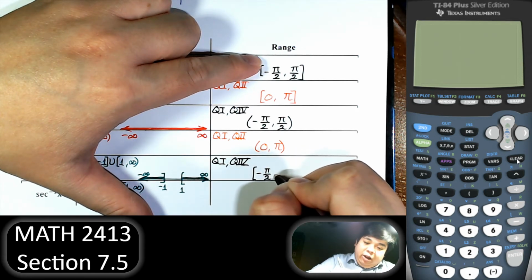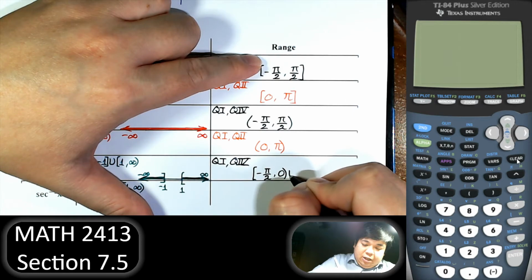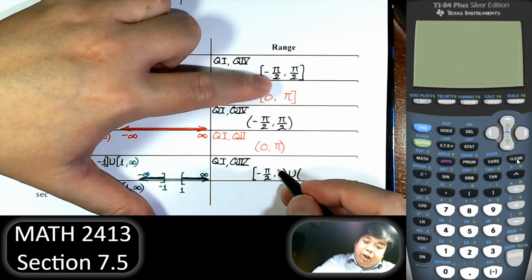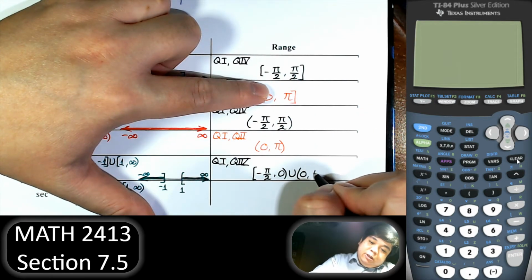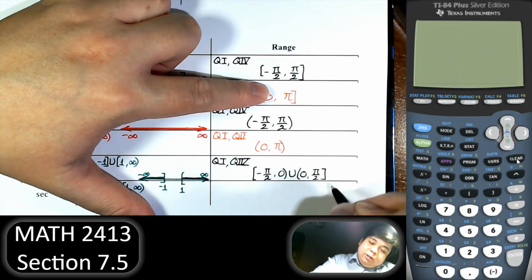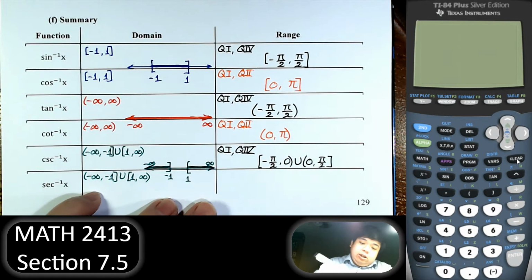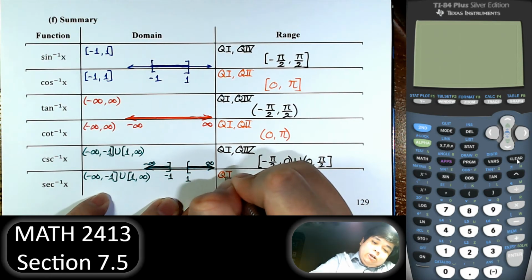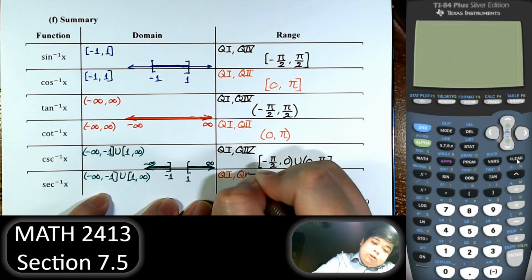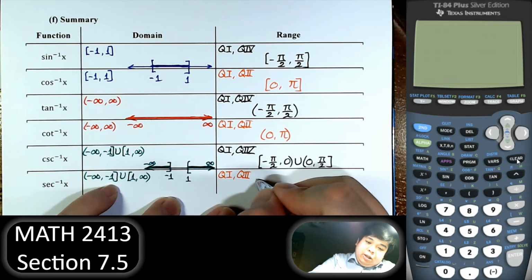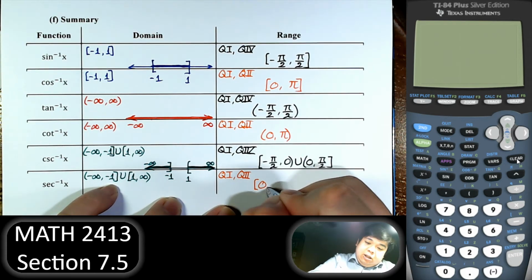But what we don't have is the midpoint. So we don't have the point at the middle. And then secant is 1 over cosine, being quadrant 1 and quadrant 2. Similar to that, but no midpoint.